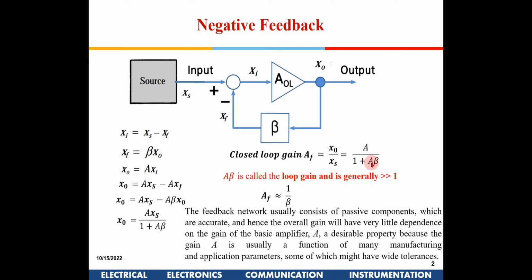A is gain, so it will be high, generally of the order of 100 or 1000, and beta is less than 1, but since A beta is going to be a big value, A beta is also called the loop gain. So the feedback gain can be approximated as 1 by beta. Obviously the gain is now reduced drastically. The gain is reduced by giving negative feedback.